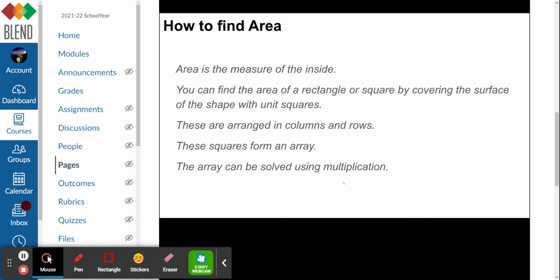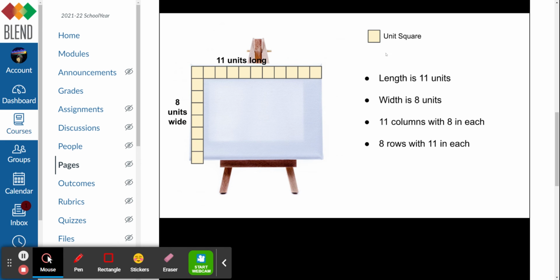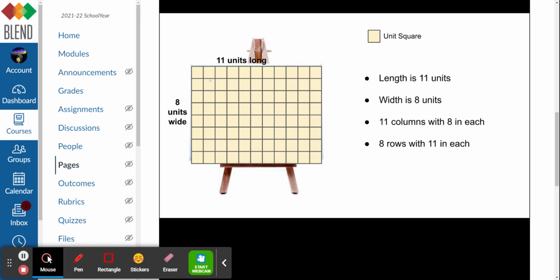So the squares form an array. The array can be solved using multiplication. Remember, arrays are multiplication. So back to this, it was 11 units by 8 units. So 11 times 8 means that we would be able to fit 88 square inches inside our canvas. So it's got an area of 88 square inches, or 88 units squared. 88 units squared is the same thing as saying 88 square units.